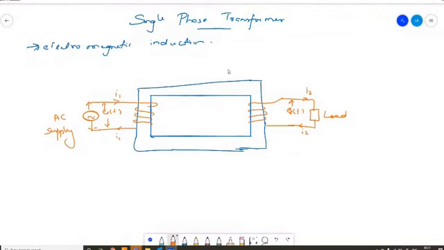So here I have a ferromagnetic core. Okay, so on one side I have a winding, which I will call a primary winding. Let's say this is N1 turns, and when I connect this winding to an AC supply, let's say a current flows through this coil. As a result of it, a magnetic field is created around this current carrying conductor.